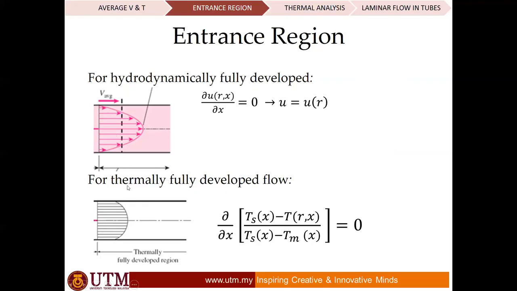For thermally fully developed flow, the surface temperature minus the temperature at any point in x, divided by the surface temperature minus the mean temperature, is equal to 0. This is the criterion to know whether the flow in the channel has reached the hydrodynamically or thermally fully developed region.